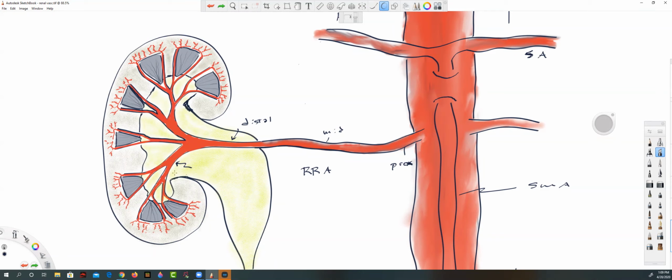Hint, there is a reason why there's yellow. Any of the arteries in here are all, whoops, not segmental. Segmental arteries. First order, second order, but they're still all segmental arteries.